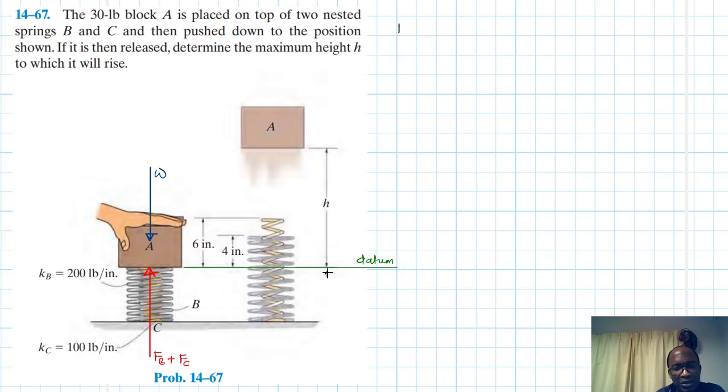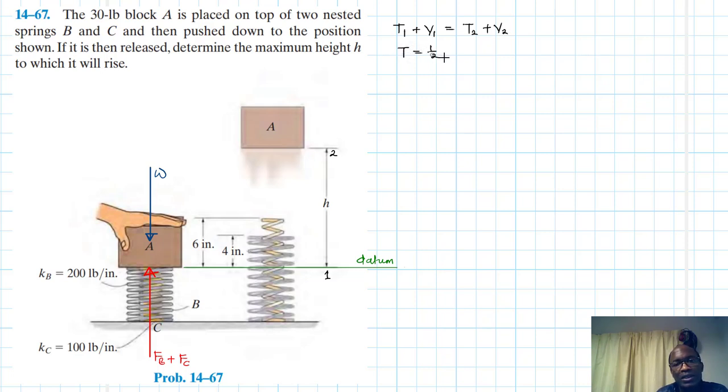First, let me define this point as my point 1 and this one as 2. So we have T1 plus V1, and this is equal to T2 plus V2. So what is T?